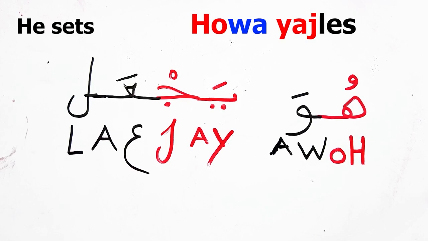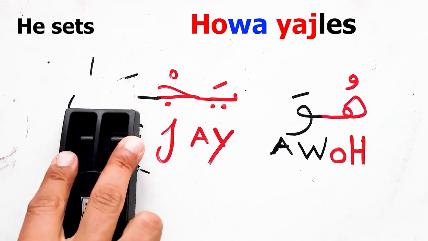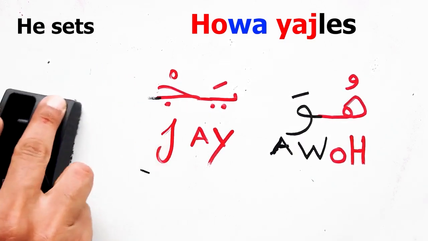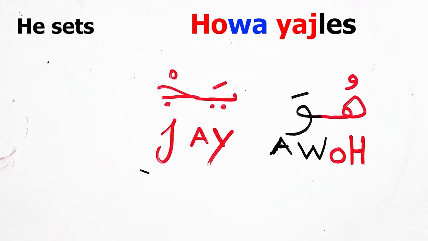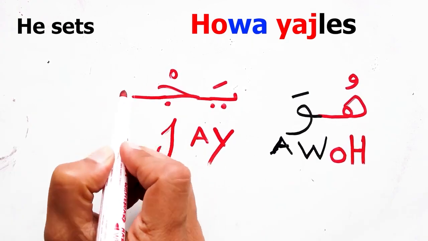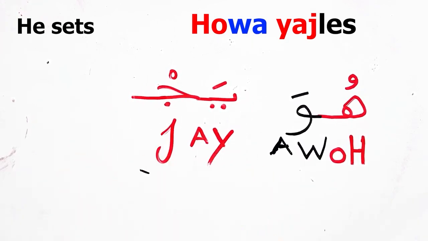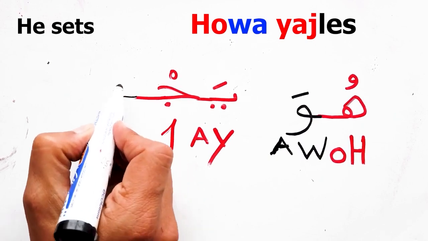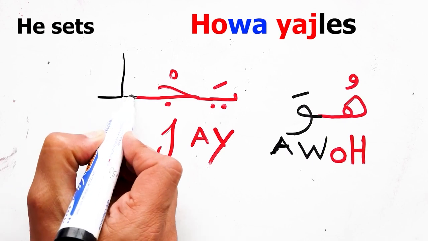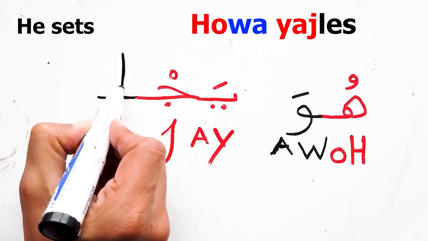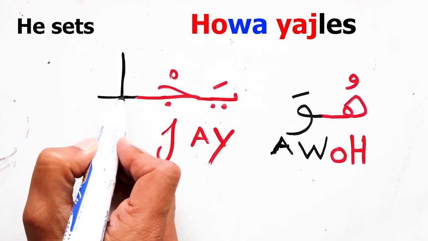هو يجلس. So I'm gonna keep the same part as well. Okay, let's add this part here. Li. The sound of L. We have lam in Arabic. This letter sounds like L. Yajli.